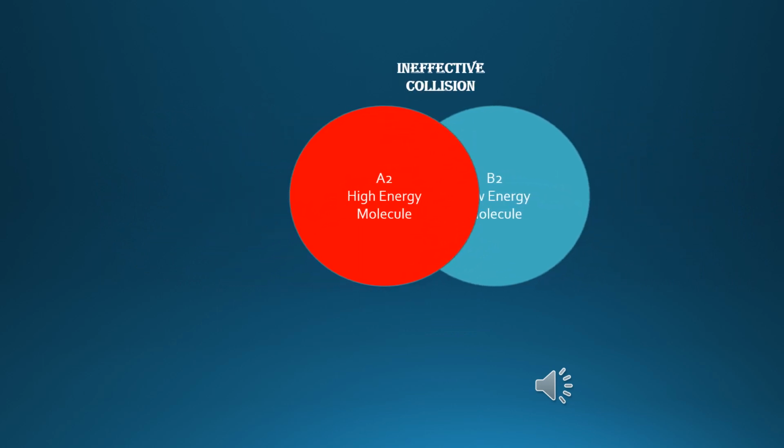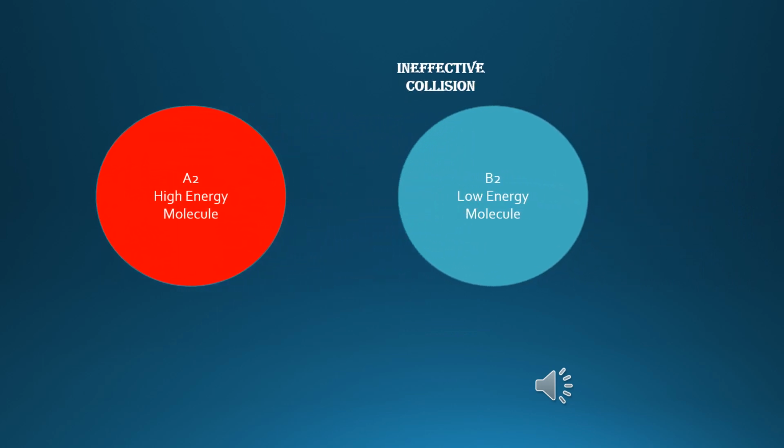And now this picture explains the occurrence of an ineffective collision. Assume we have two types of molecules in this gas phase. One type of molecule has very low energy and another type may have high energy. Meaning, among A2, there could be a few molecules with high energy and a few molecules with low energy.